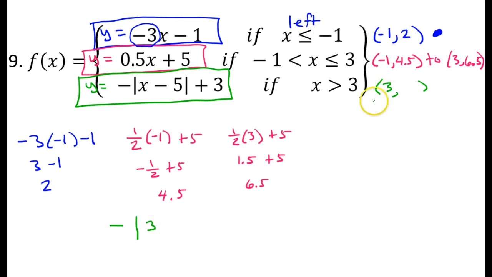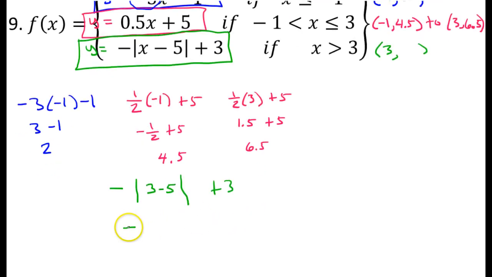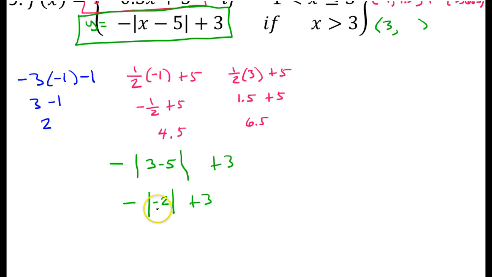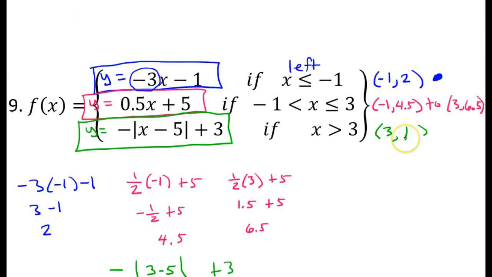So there goes the 3: negative absolute value of 3 minus 5, plus 3. 3 minus 5 is negative 2. The absolute value of negative 2 is positive 2, but that negative sign is still out front. And then I have negative 2 plus 3, so that is 1. So 3 comma 1 is the endpoint of this piece.